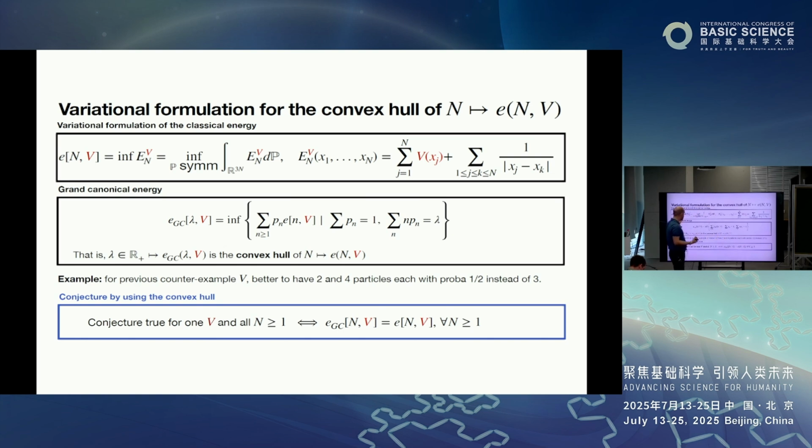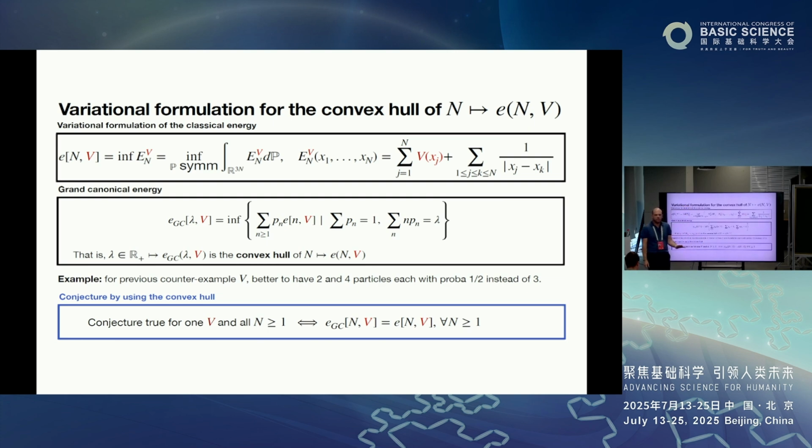And so, of course, if small e is not convex, it doesn't mean that if I evaluate its convexification, its convex hull, at exactly lambda equal to n, they must not coincide. So in other words, I can rephrase my convexity conjecture by using the convexification. The conjecture is true if and only if these two energies coincide for any integer.